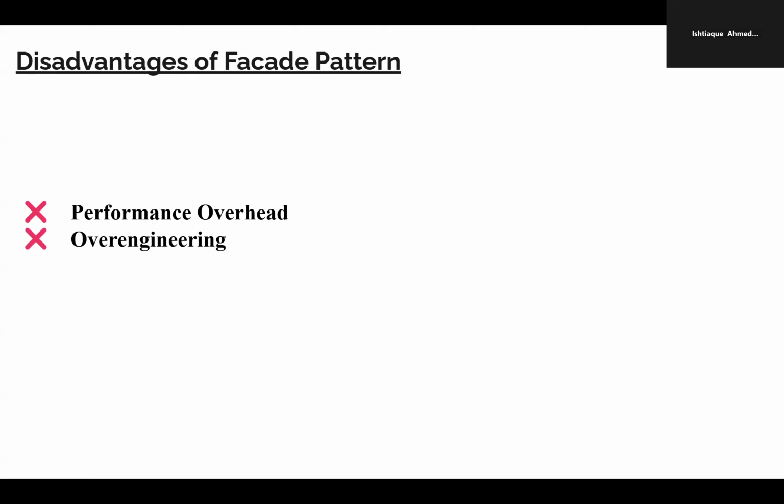Applying the facade pattern to very simple systems can be overkill, adding unnecessary complexity where it's not needed. Setting up these layers and documenting them can be time consuming and a waste of resources. Adding facade layers in the system increases the level of abstraction. Because of this, the code may be more difficult to understand and debug.